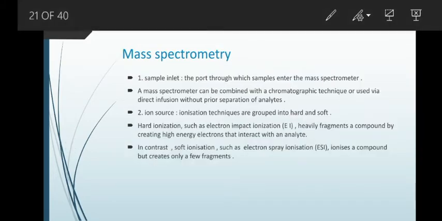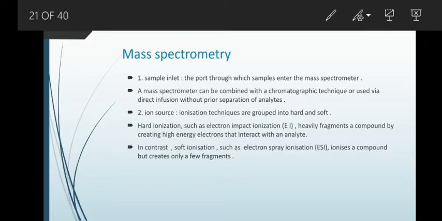There are three basic parts in mass spectrometry. First is the sample inlet, through which the sample enters the mass spectrometer.